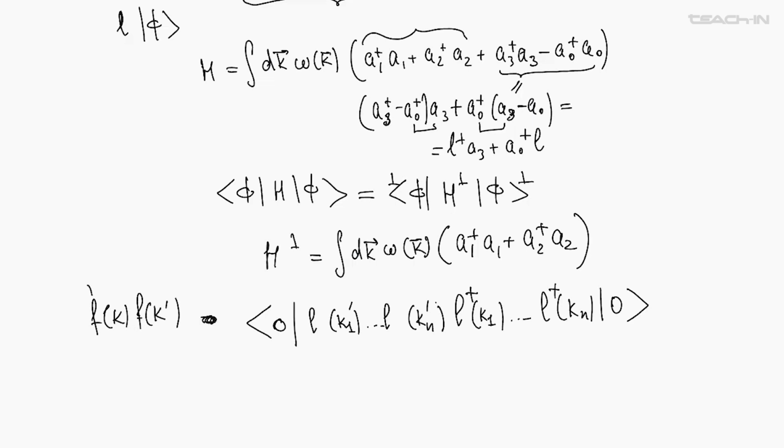Then, because L and L dagger commute, you can put all L dagger to the left and all L to the right. When they act on the vacuum, you produce zero. That means that in your Hilbert space, in spite of the fact that you impose the Gupta-Bleuler condition, there are states which have zero norm.